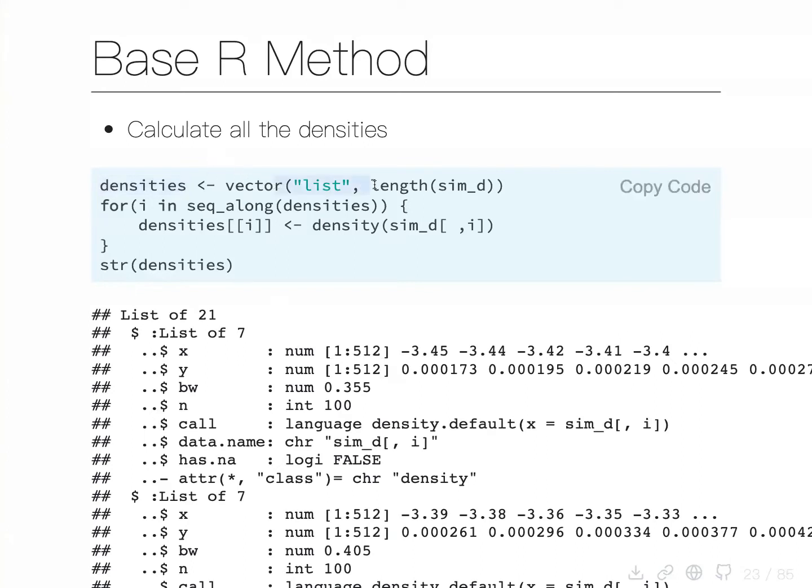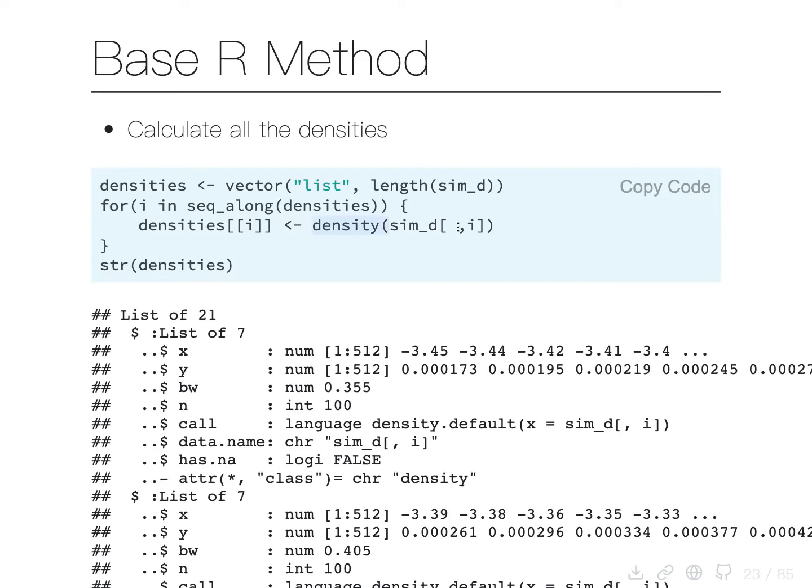So I'm going to use a list again, and I'm going to use this density function. This is basically like fitting a model. And so I'm going to say for seq_along densities, this list, densities double bracket i, fill in each element of that densities thing with the actual estimated density of simDF.